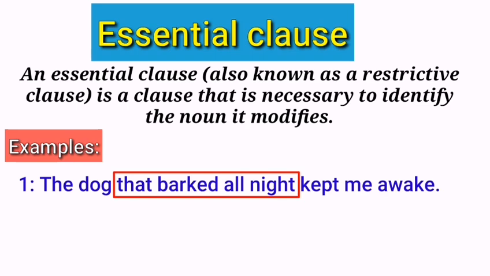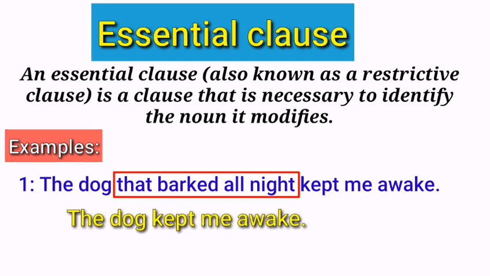The last point was that if it was removed from a sentence, then it would to some extent disturb the sentence. So, in this case, if we remove it, this sentence does not make clear sense. Like, the dog kept me awake. You can see, we don't know which dog kept me awake and when. The sentence is to some extent disturbed.